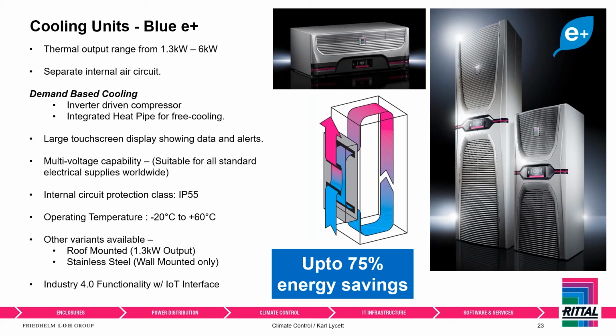So the difference now with Blue E Plus from Blue E is the fact that we're still using that refrigerant circuit, but now we've combined in the same box a heat pipe, or what is really an air-to-air heat exchanger. And what that means to you is the fact now that we're providing demand-based cooling.